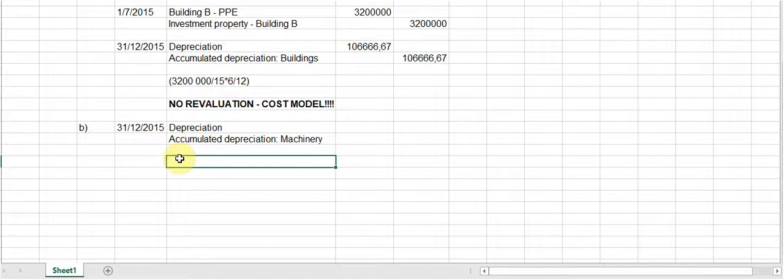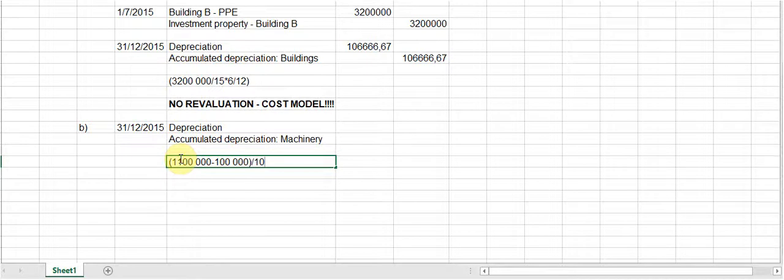So if I look at machine C, it is with a cost of 1.1 million rand. We need to deduct the residual because this is not investment property. We are not explicitly told that it is rented out. And then we need to divide it by 10 years.